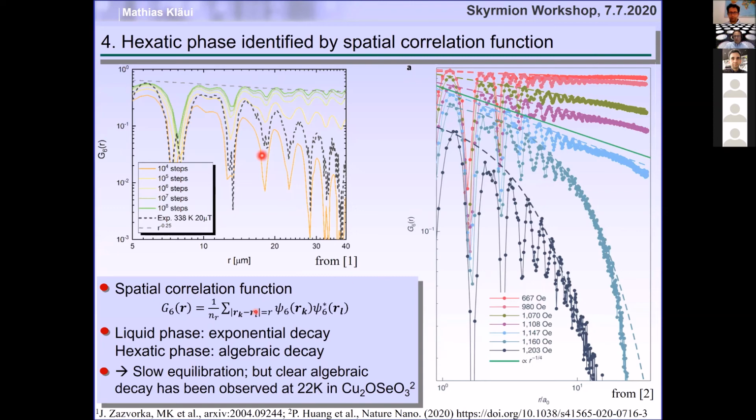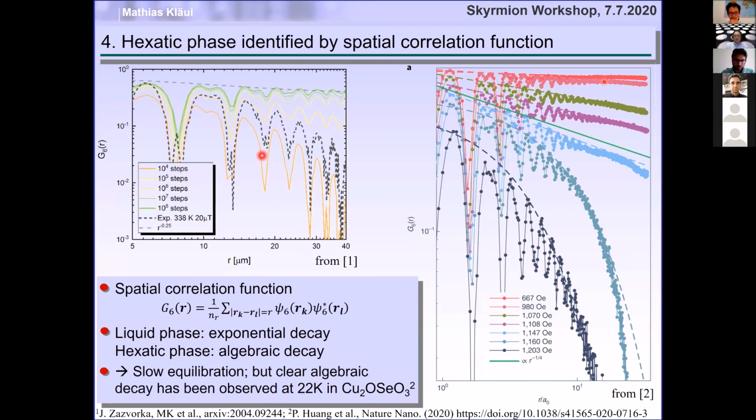And here I should do some advertising for this paper by Huang et al., who showed very, very nice data where you can see in copper oxide selenide that for certain applied fields, you get this exponential decrease, which is the liquid phase, and then up here you get very clearly this algebraic decay, which is then the hexatic phase. So this, I think, is a really nice experimental demonstration of this.